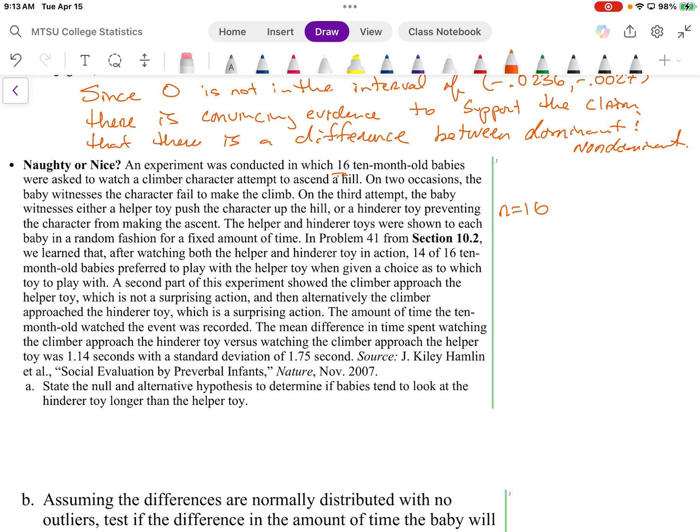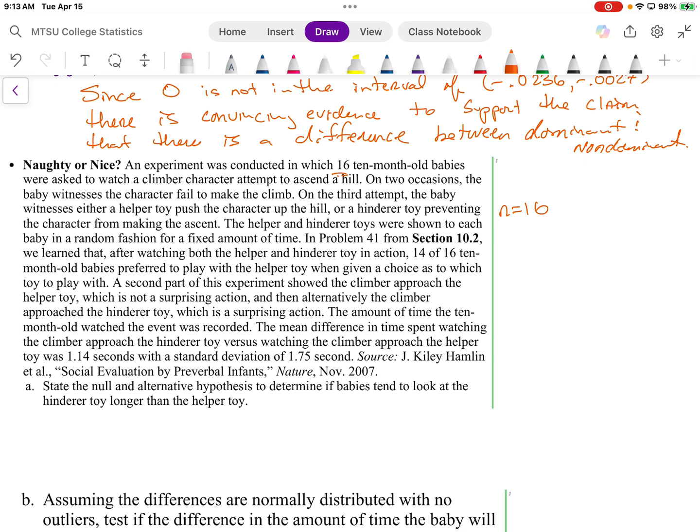In problem 41 from an earlier section, we learned that after watching both the helper and the hinderer toy in action, 14 of the 16 10-month-old babies preferred to play with the helper toy when given a choice as to which toy to play with. A second part of the experiment showed the climber approached the helper toy, which is not surprising.